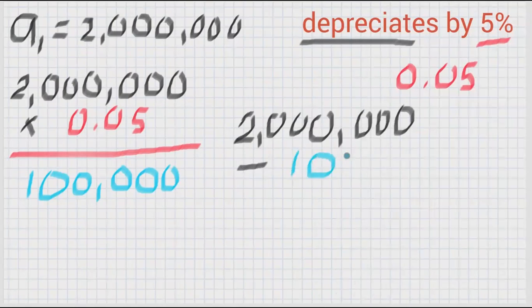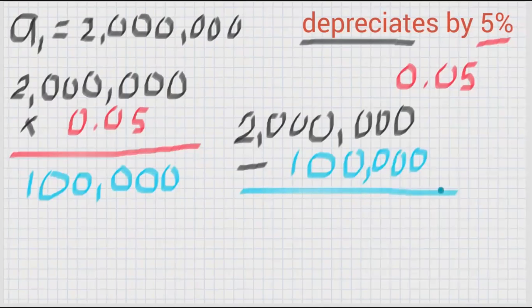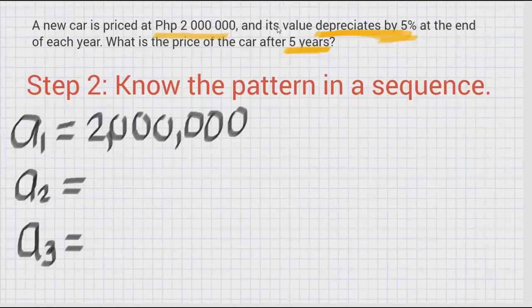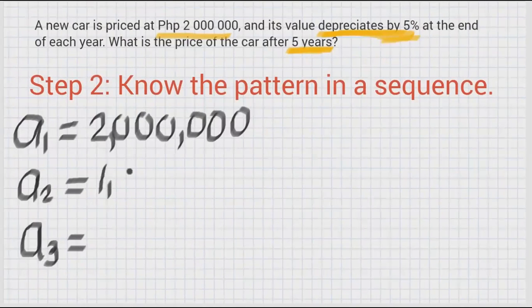So 2 million minus 100,000 would be equal to 1,900,000. It's quite big money. So 1,900,000 will be our second term. We're going to write it as our second term.